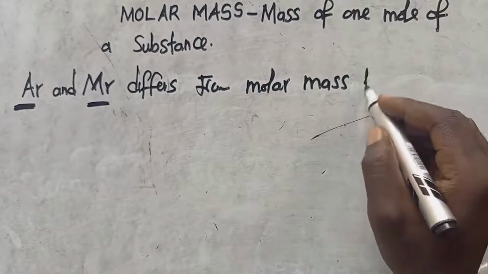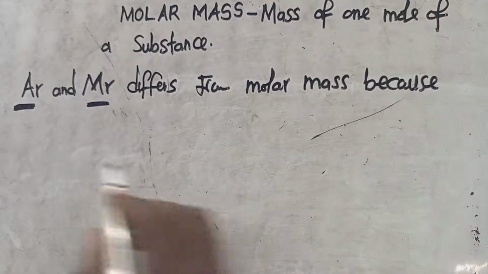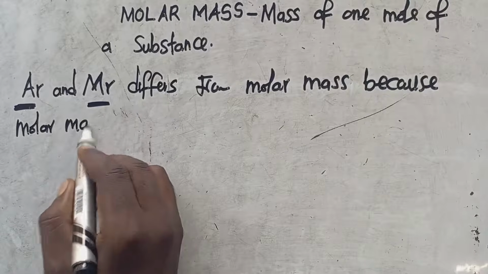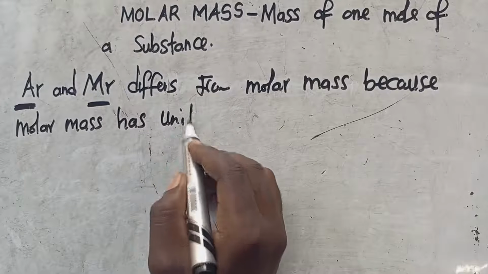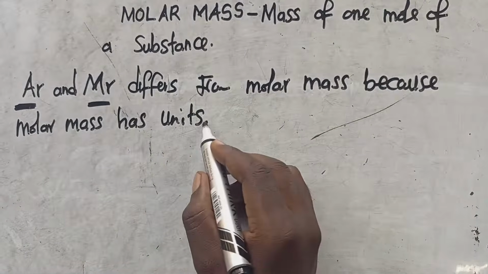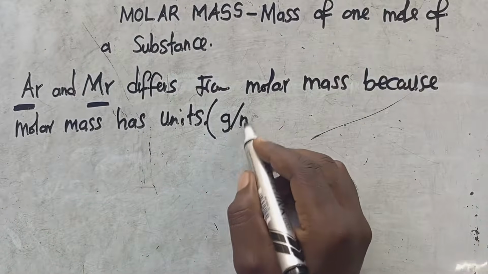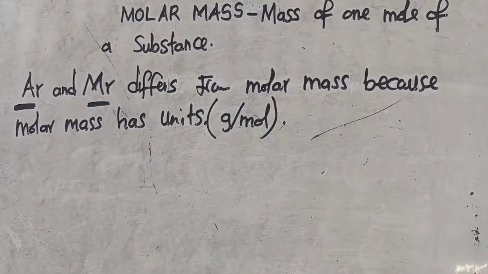Because molar mass has units. What are the units for molar mass? The units for molar mass are grams per mole. But everything is the same.